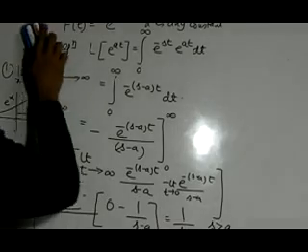So we have found the Laplace transformation of e to the power at, which is 1 upon s minus a, which is a function of s, as I told you in the definition of Laplace transformation. So let us move ahead.